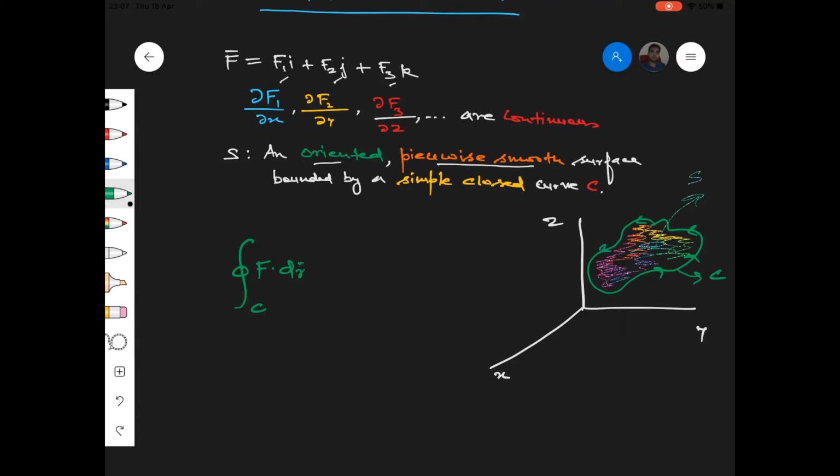This is going to be the direction of the line integral.